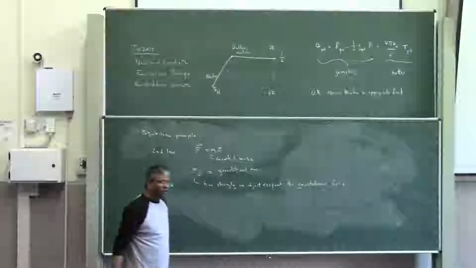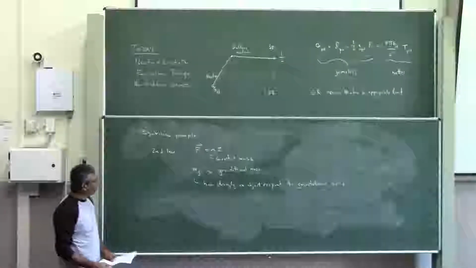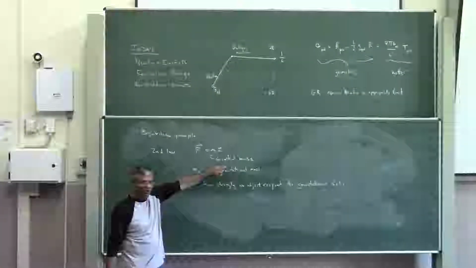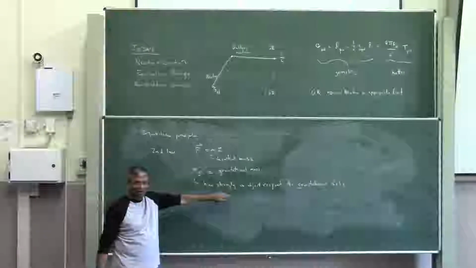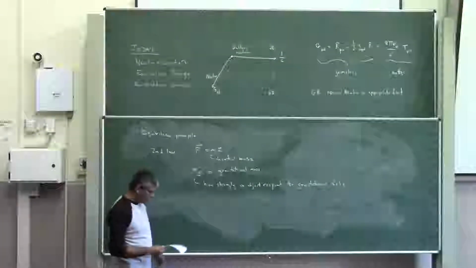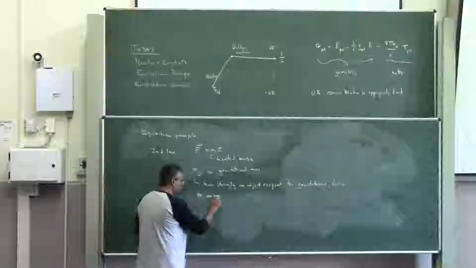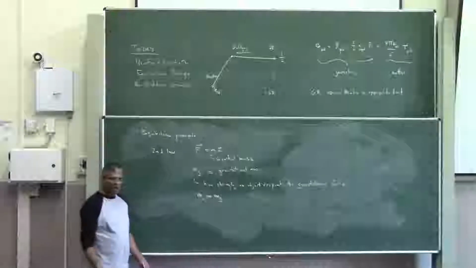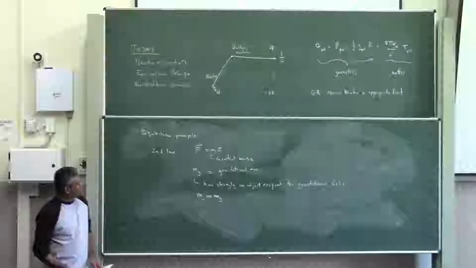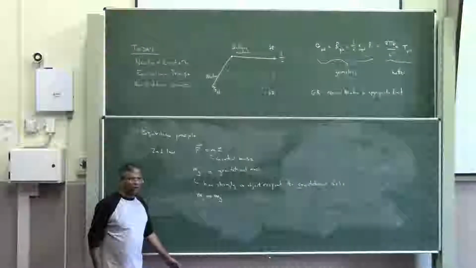In principle, these are different concepts. One is a resistance to a change in the object's velocity. One is a response to an external gravitational field. Okay? There's no reason why these two should be the same. But if you measure the inertial mass of an object and the gravitational mass of an object, it turns out the two are the same.